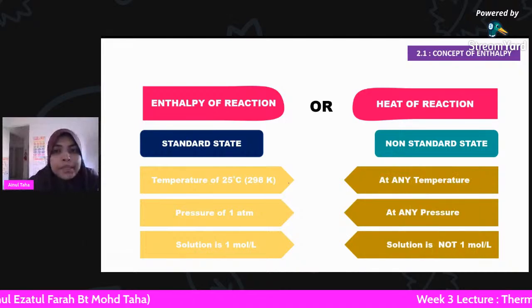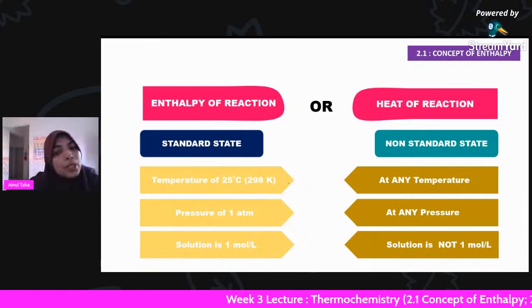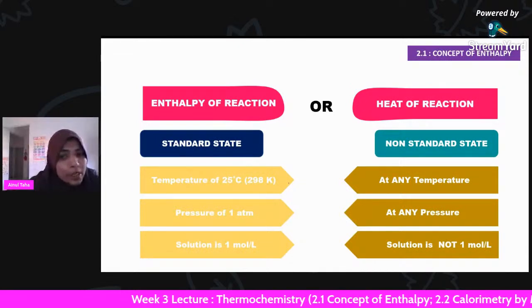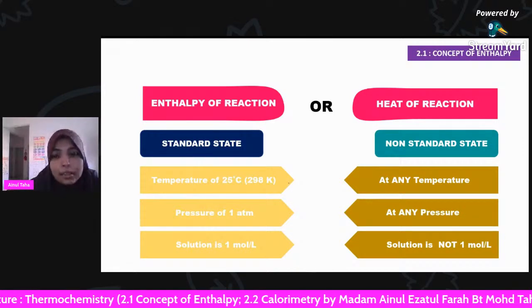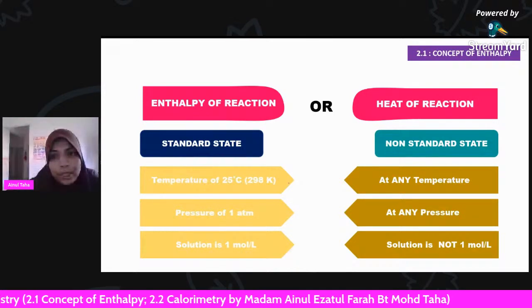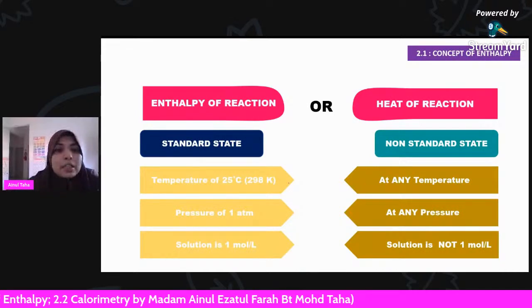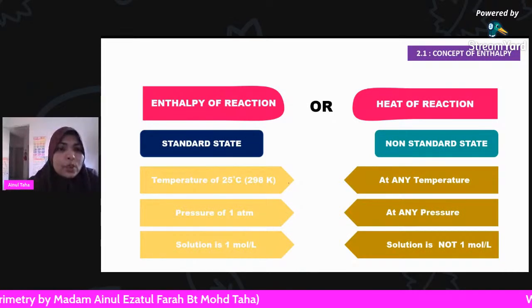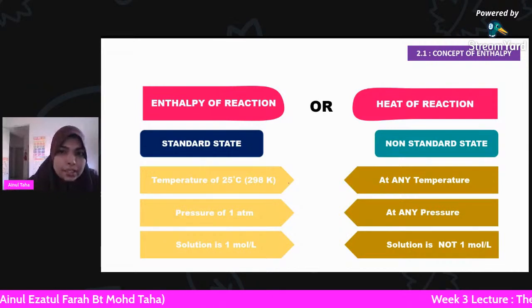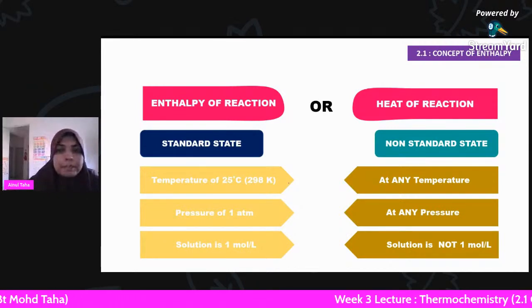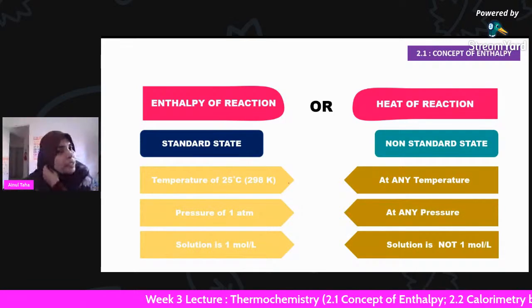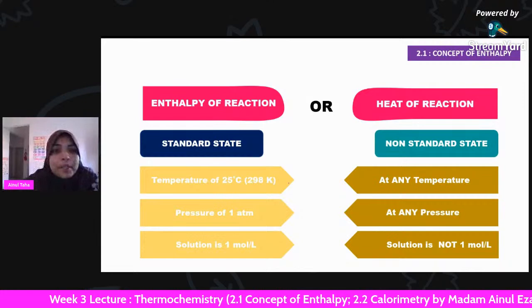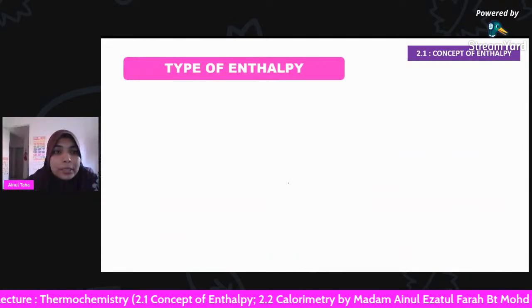And if it is non-standard state, it could be at any temperature, any pressure, and any molar solution. So this is what you need to remember when we are talking about standard and non-standard state.